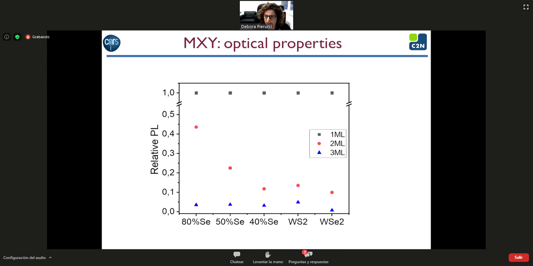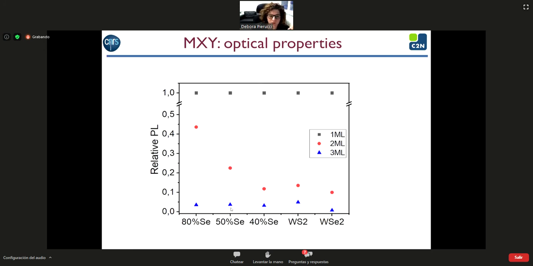So we tried to understand this a little bit. We normalized all the PL spectra to the maximum of the PL that we have in a monolayer, and we compare the values. What we see is that up to 40% of selenium we have similar behavior, where the PL of the 2 monolayers is almost 1 order of magnitude less than the PL of the direct material, the monolayer.